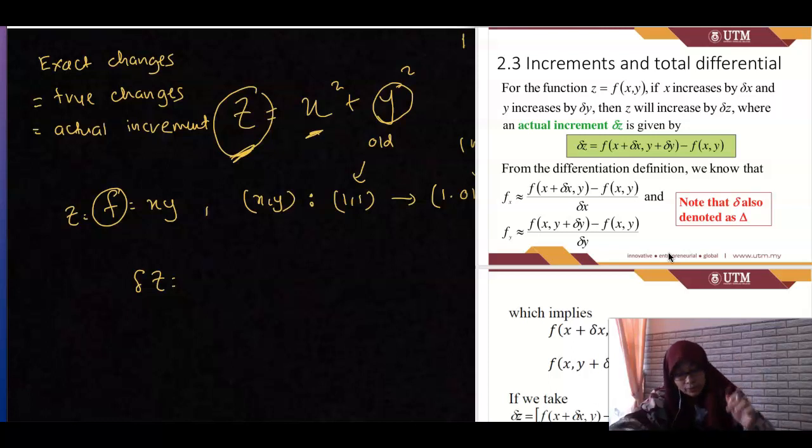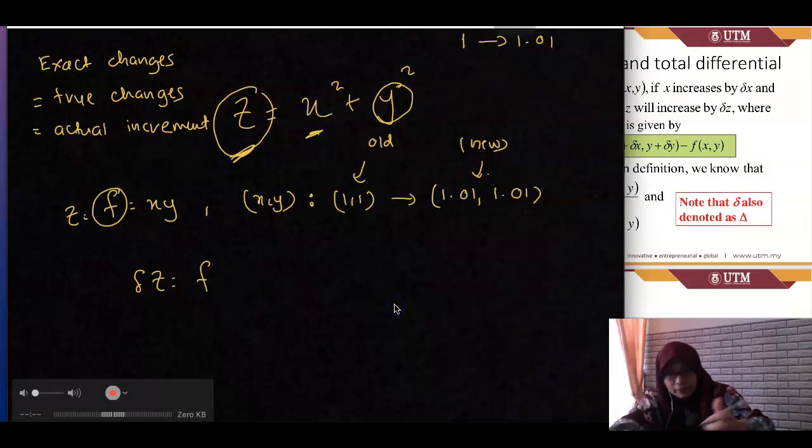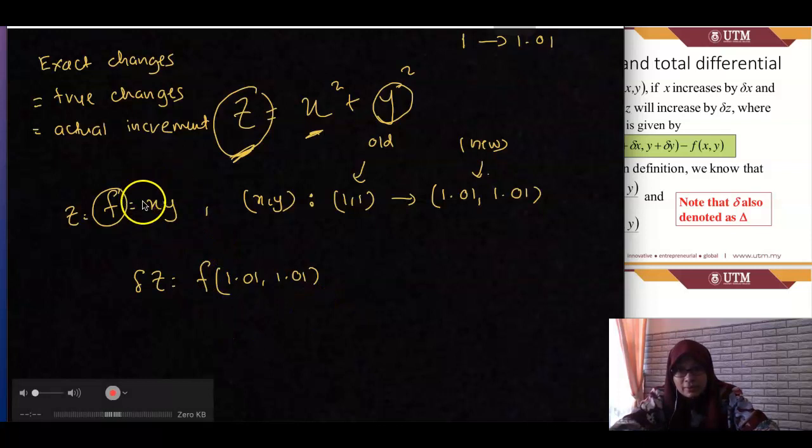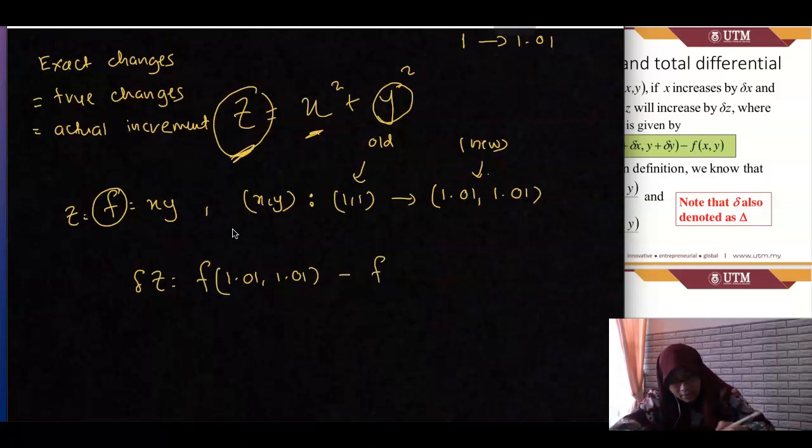Without using a specific formula, you just put in the new values of x and y. So your new values are 1.01, 1.01, and you evaluate using the function that you have here, then minus the value of z using the old values of x and y.